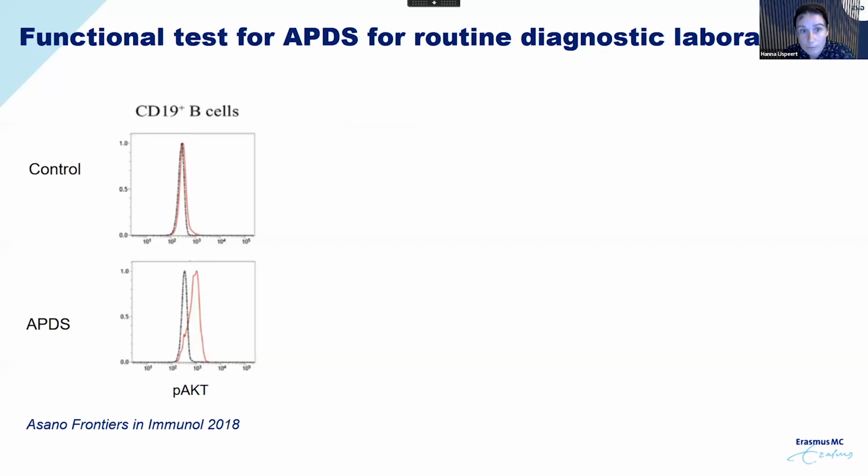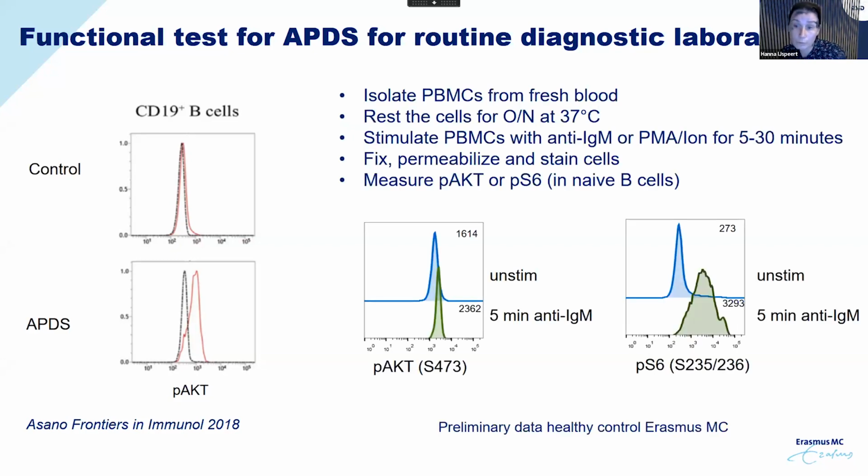We are currently trying to set up a functional assay for this, but in our hands, phospho-AKT is not always working so nicely. The shifts we see are quite small. So for a functional test for routine diagnostics, we also include phosphorylation of phospho-S6.